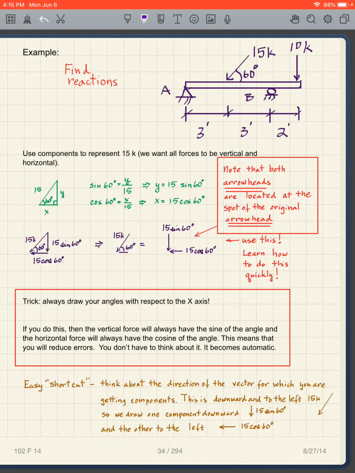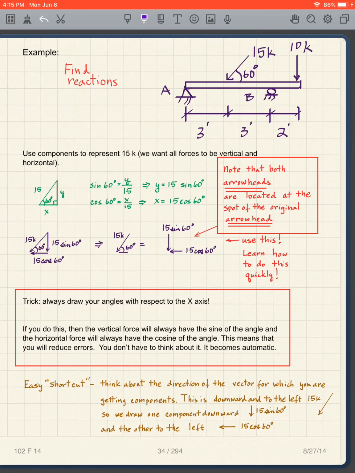Now, we note that both arrowheads, so look at the arrowheads here of these two forces, are located at the spot of the original arrowhead. So, right there. In other words, we use this to do the calculation, but we don't leave the arrowheads there. These two forces acting at that point are equivalent to this one force acting at that point. I think that you can see that makes some sense.